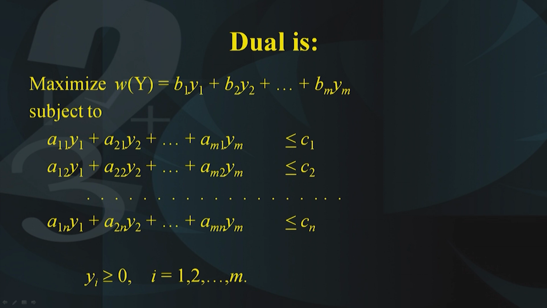So, you have a11 y1 plus a21 y2 plus am1 ym less than or equal to C1. All these constraints are of the less than or equal to type. Of course, the decision variables yi's of the dual also have to be greater than or equal to 0, and they are m in number.